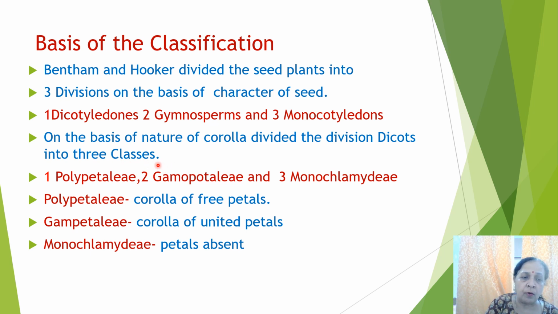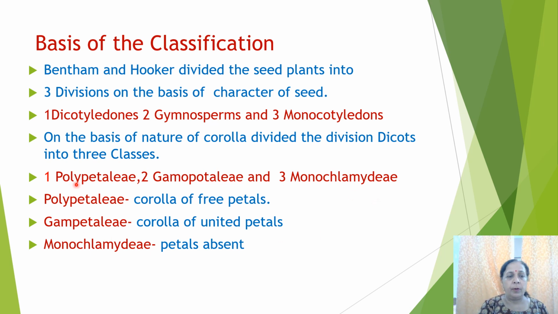Due to the absence of corolla, the flower is incomplete. So the incomplete flower bearing plant species are included under the monochlamydeae, which is also known as incomplete.